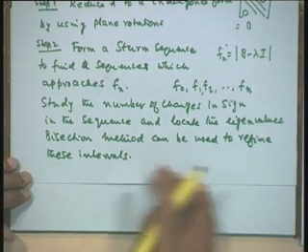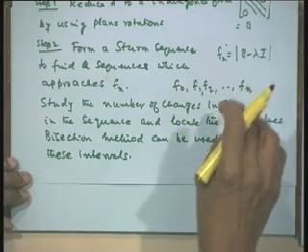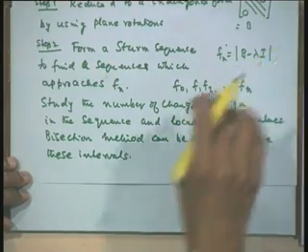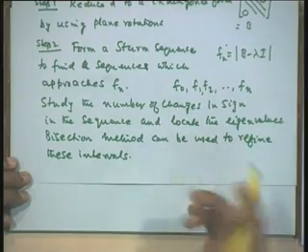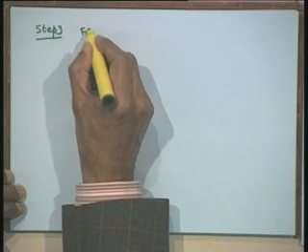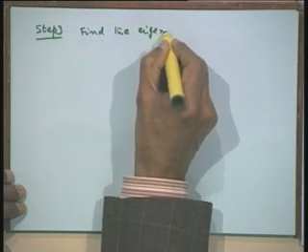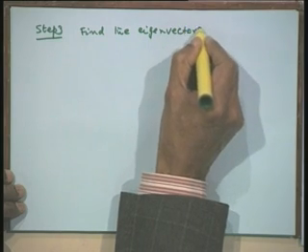I can get the accuracy of these eigenvalues by going on bisecting the interval in which the eigenvalue lies. So, it is just by looking at the number of changes in sign in this Sturm sequence. And the third step, step 3, is to find the eigenvectors.